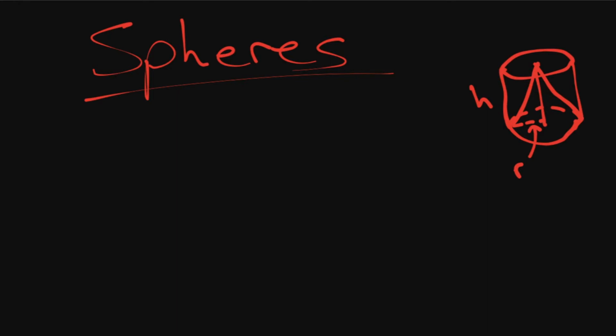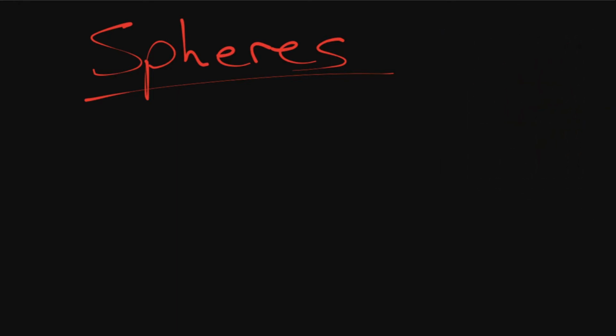Now we're going to do something quite similar. With the same kind of logic, we're going to take the volume of a cylinder and say that the sphere is a certain amount of the cylinder.